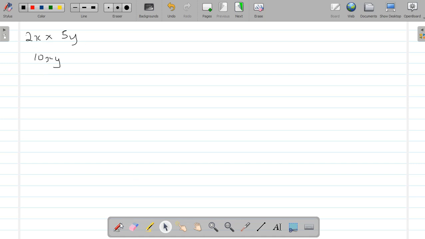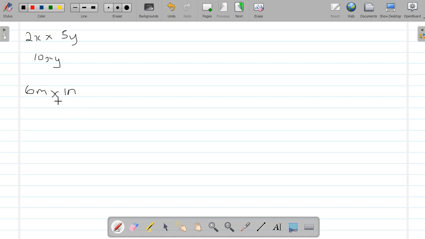Let us take another example and see how to solve it. Now if I have 6m multiplying, say, n. The rule still holds. We all know that anytime there is a letter or a variable without a number, we say it has a coefficient of 1, but we do not write it.